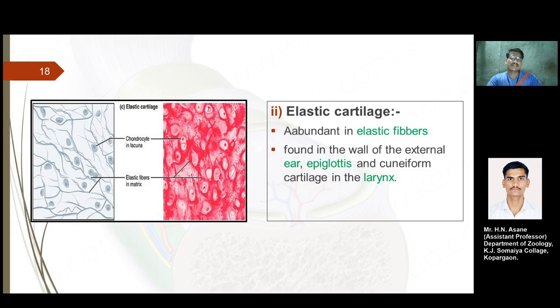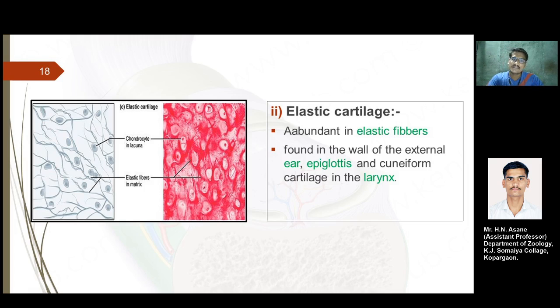The second one is the elastic cartilage. Elastic fibers are abundant in these elastic cartilages, hence known as elastic cartilage. And the elasticity of these elastic cartilages is more than the other two types of cartilages.